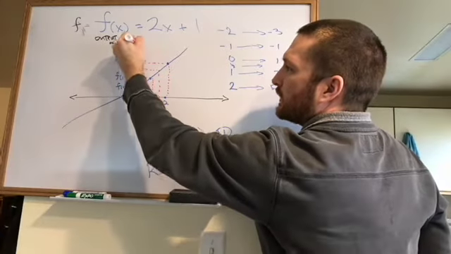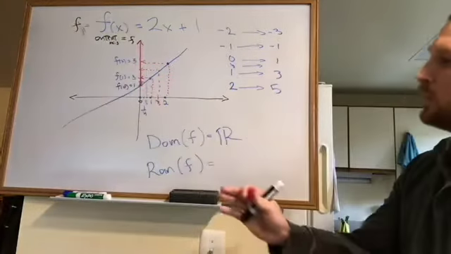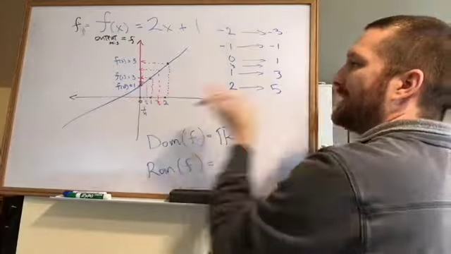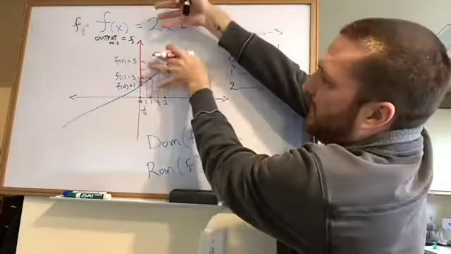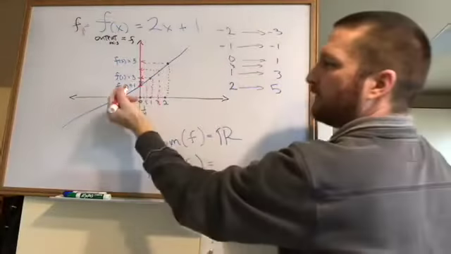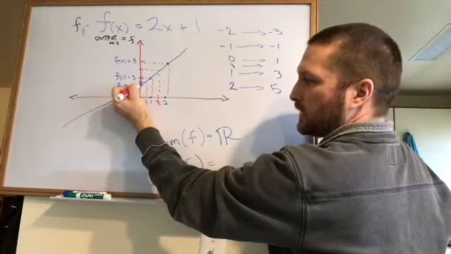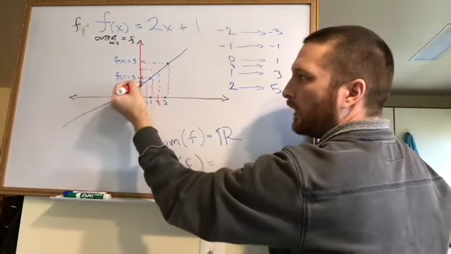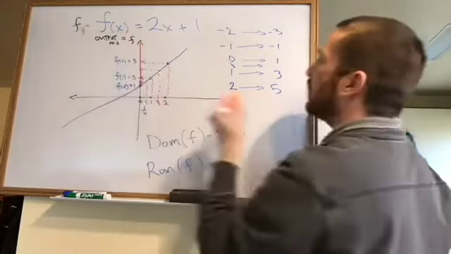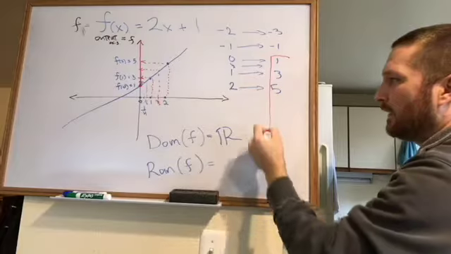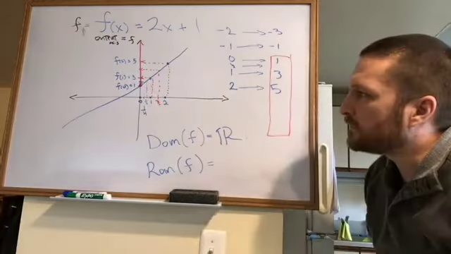All of those numbers are going to get hit, right? So those are my inputs. Those guys are my outputs right there. So everything from 1, when I actually plug in 0, I get out 1. All of those guys are going to be hit.